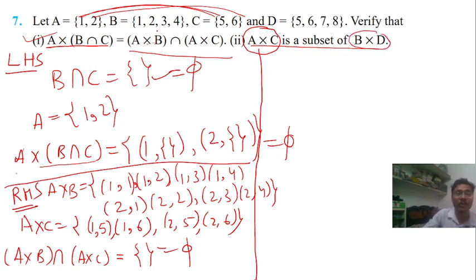As you can see, 4 elements are multiplying with 4 elements, which means you will get 16 terms, and this is a little smaller set. There are 2 elements multiplying by 2 elements, so you will get 4 elements. So first we will find the Cartesian product of B cross D, and then the Cartesian product of A cross C, and then we will match whether the elements of the set A cross C are present in set B cross D or not.